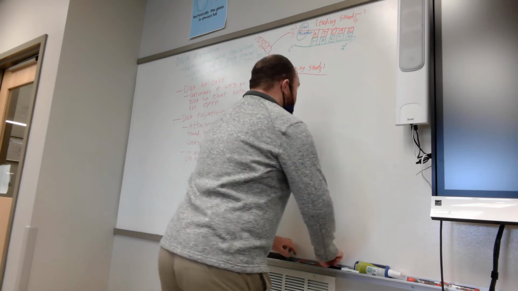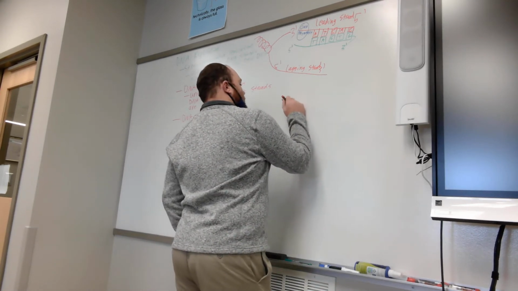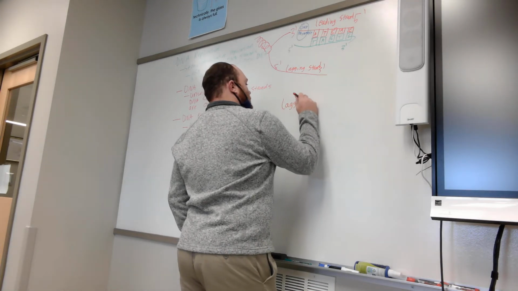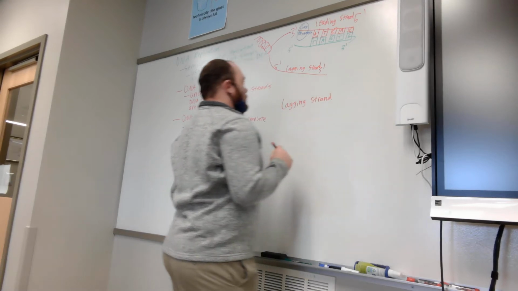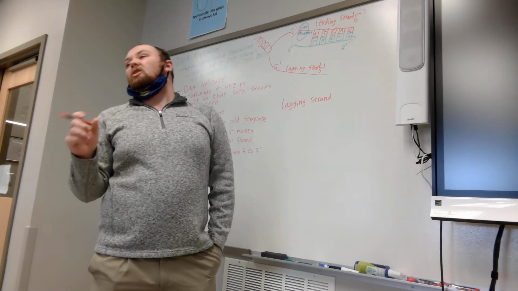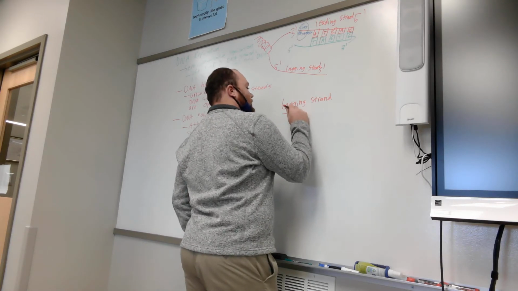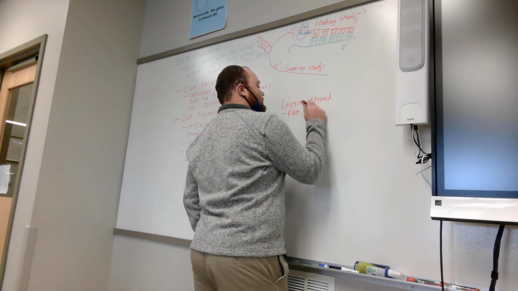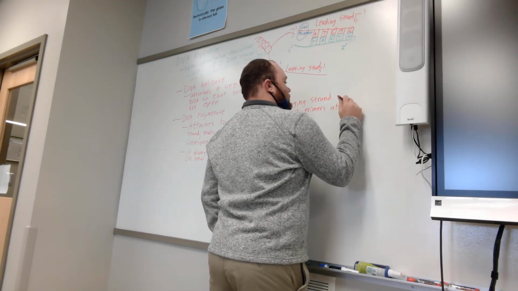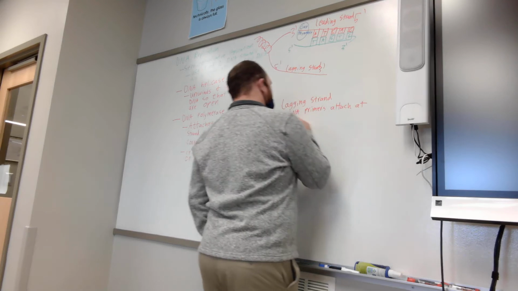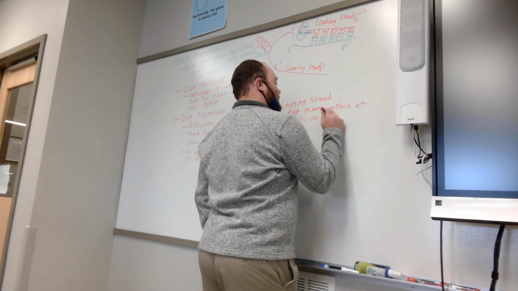So on the lagging strand, we are going to have little pieces of RNA that attach, and they're called RNA primers. So RNA primers attach at points on the lagging strand.